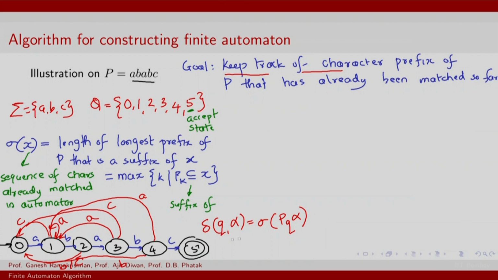Now how do you translate this observation into an algorithm? The intuition behind the algorithm is as follows. What is the desired invariant of this algorithm?